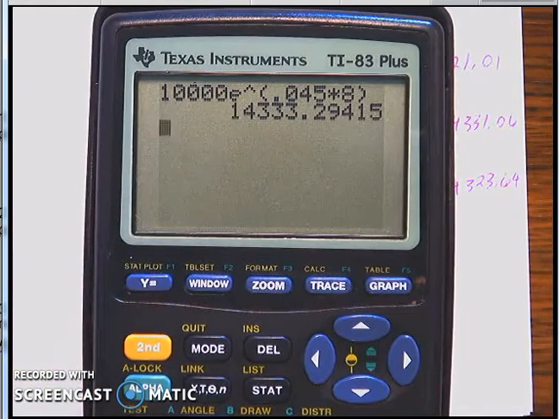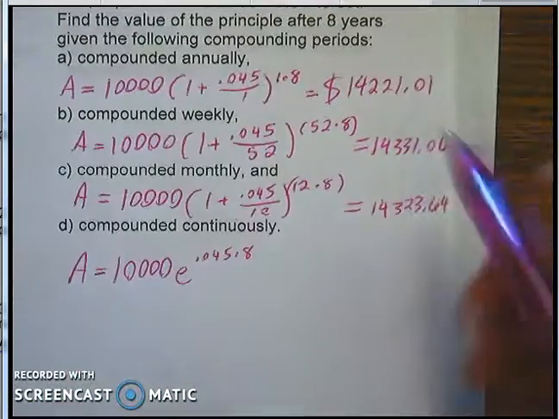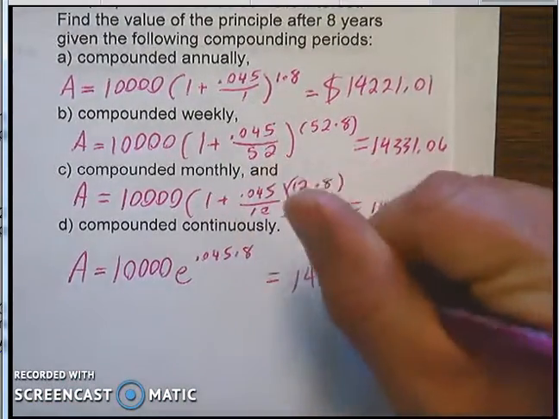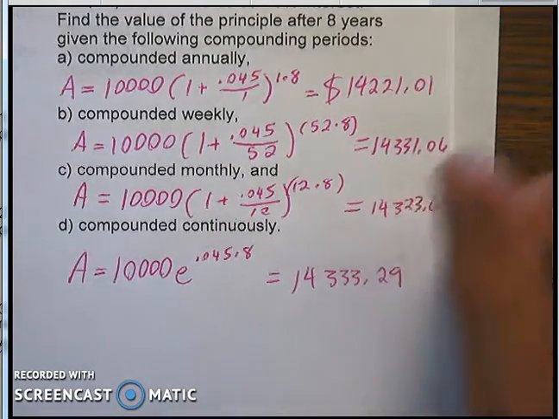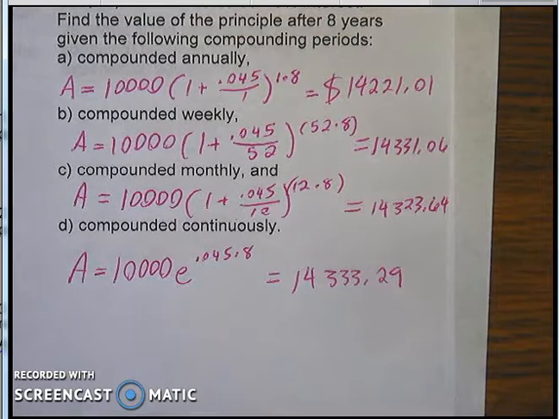I've got $14,333. This is why you want your money to be compounded continuously, because you end up with a little bit more when you do that. So you end up with $14,333.29. So that's number 20. And I think I have just enough time to do number 24.